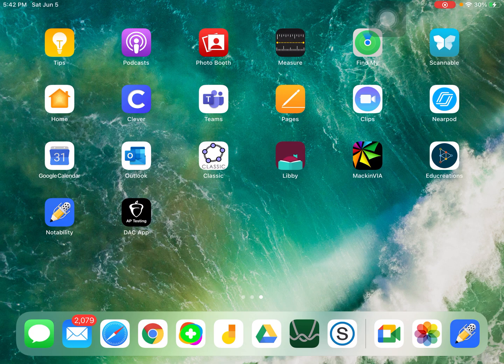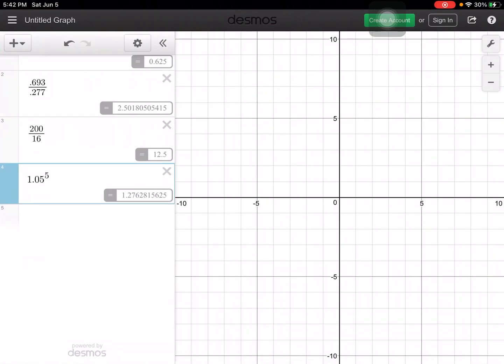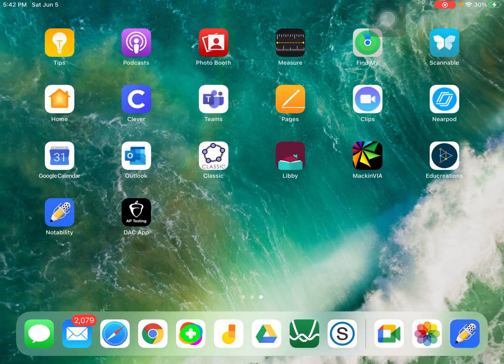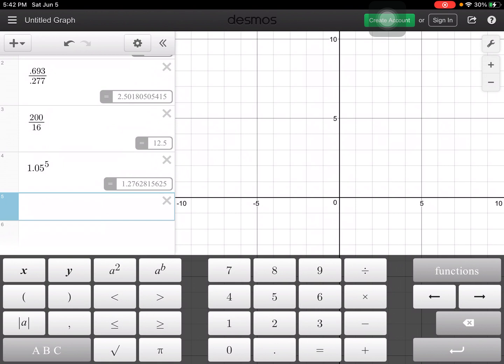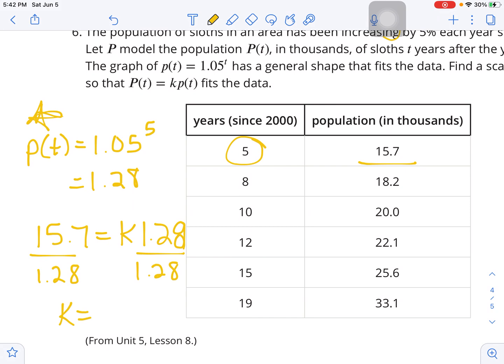Let's see, I forgot already, 15.7 divided by 1.28. And we get 12.26, so 12.3 is our scale factor there.